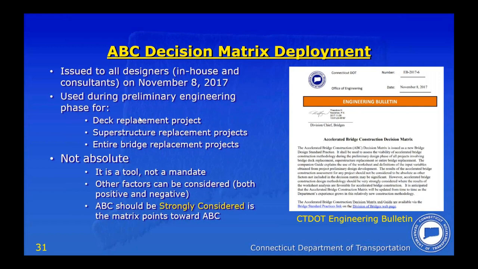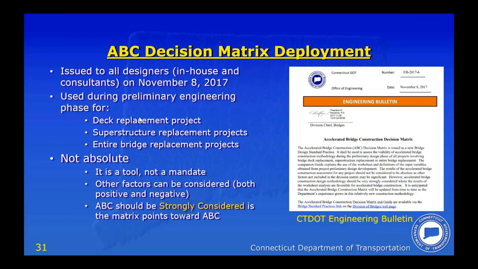I think I noted that before. The task group included myself, Mike Cuomo, who was instrumental in helping us create this matrix and tune it to Connecticut DOT priorities. We had two other bridge engineers at that time, senior level engineers, and we had Mark Rolfe, who is now a deputy commissioner.